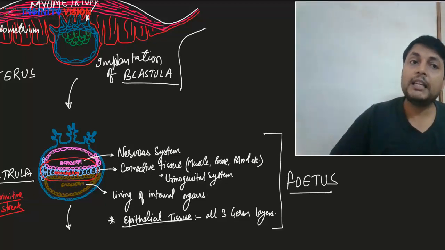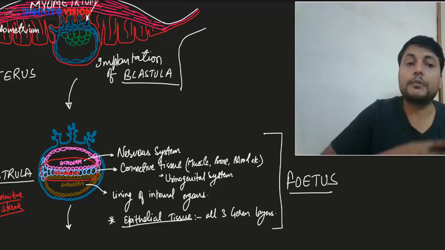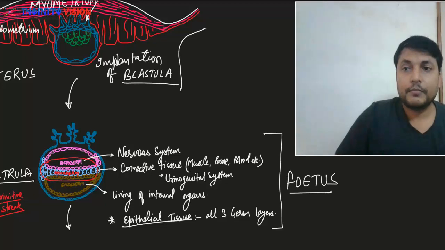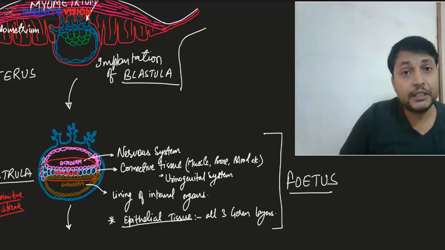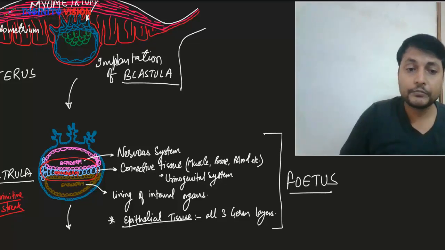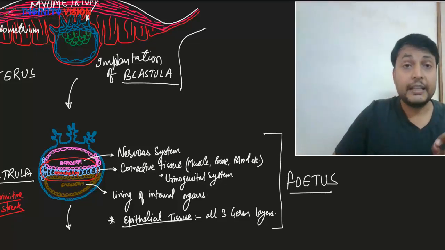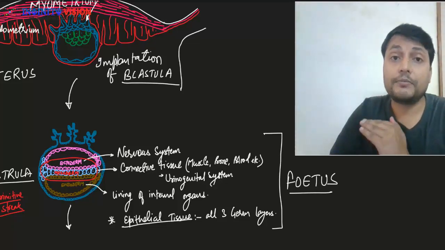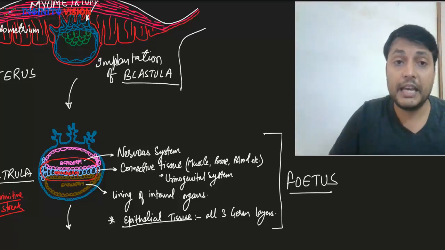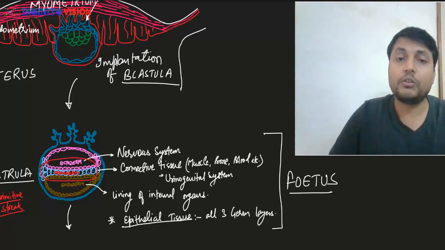Okay. In any organism, the epithelial tissues are formed by all these three. So different epithelial tissues can be of different origin. They can be ectodermal in origin, or mesodermal in origin, or endodermal in origin. So do remember that epithelial tissue is the only tissue that has origin from all the three germinal layers. Now these are called germinal layers.